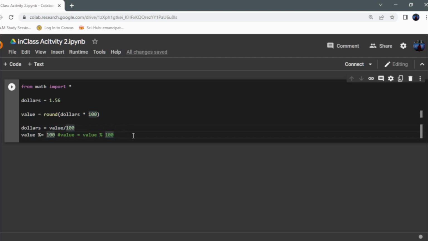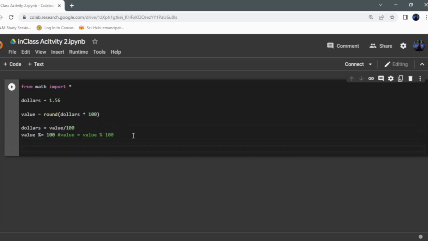So that's the technique there for Python. It's the same with quarters. Goes to the value of here, divide by 25 quarters, and the value modulo equal to 25.